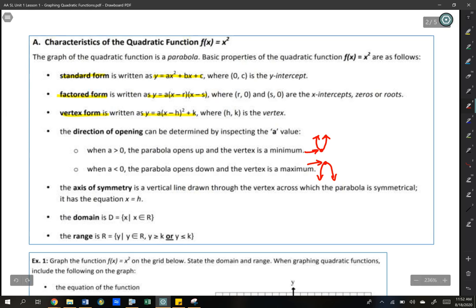The axis of symmetry is a vertical line drawn through the vertex across which the parabola is symmetrical. So, this would be our axis of symmetry, or on this one, this would be our axis of symmetry. Right? Domain is the x that are the set of real numbers.